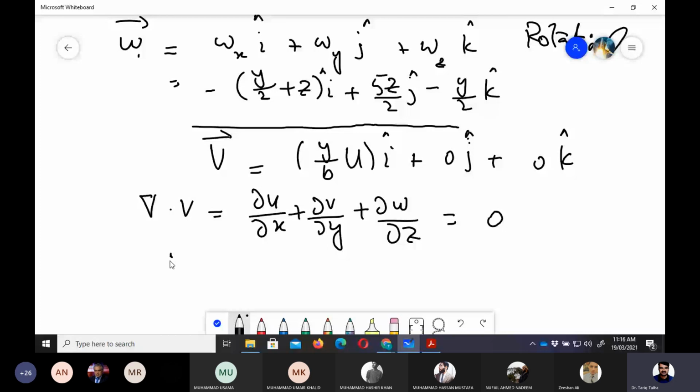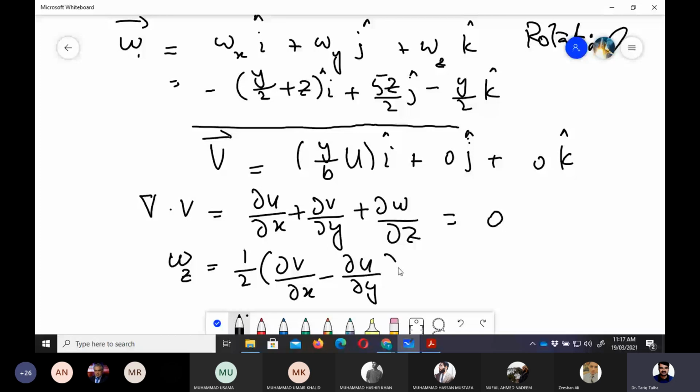So we can find the rotation about z: wz would be equal to, because it is a two-dimensional flow, half into partial v by partial x minus partial u by partial y. Partial v by partial x is equal to 0 here.